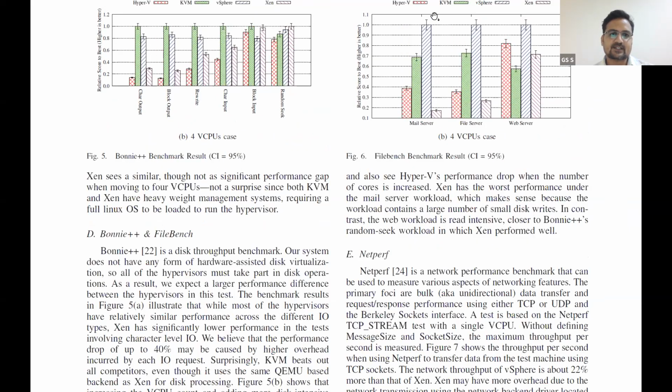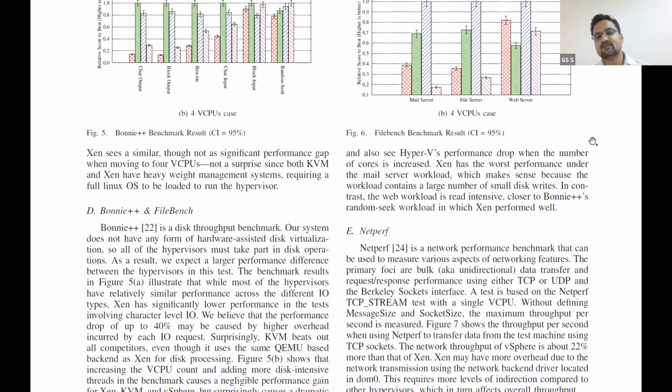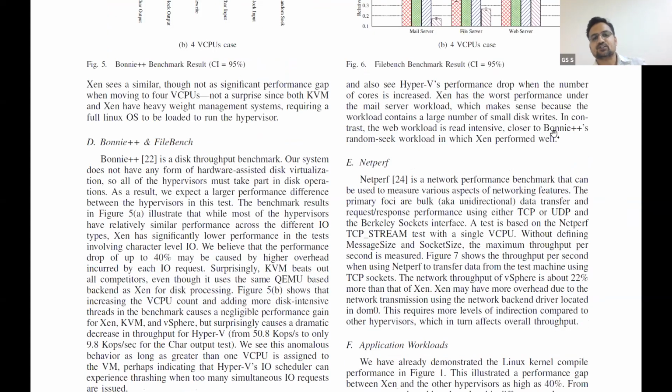The third test is known as Bonnie++ and Filebench. What is Bonnie++? Bonnie++ measures disk throughput for a hard disk, right? So how would you make a disk benchmark? Write single byte, read single byte, delete single byte, erase single byte. See, deletion and erasure are different, right?